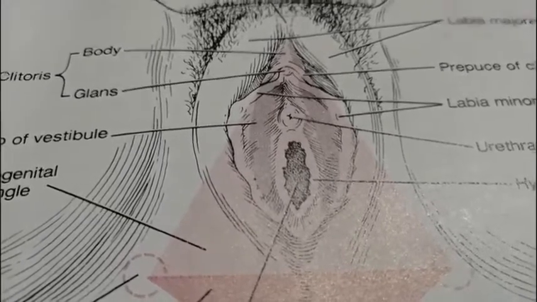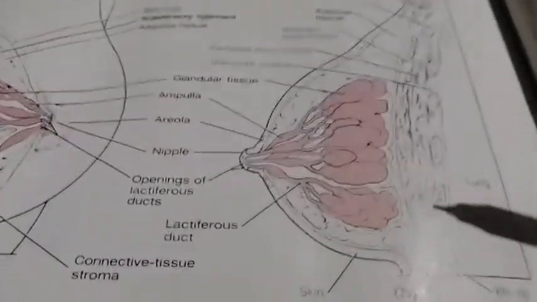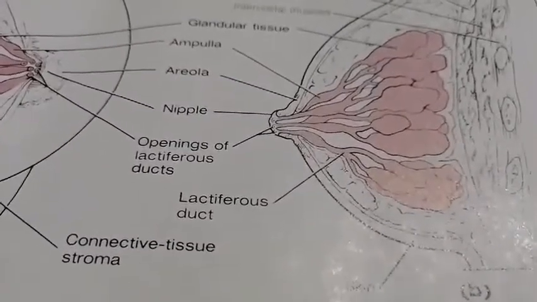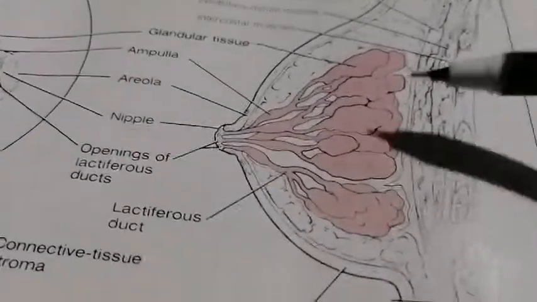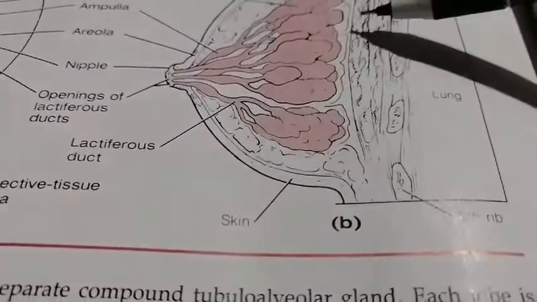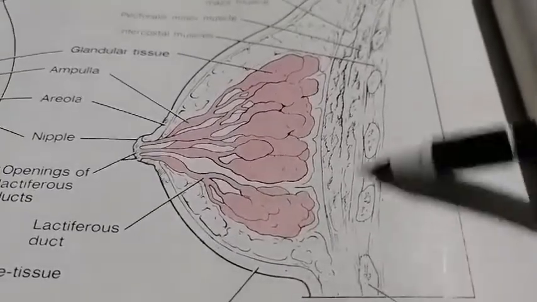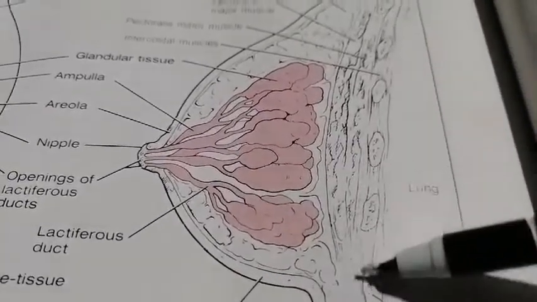Now we are moving to the gland. The major gland associated with the female reproductive system is your milk gland, isn't it? Your mammary gland. Now you can see here that this is basically located in your thoracic region.